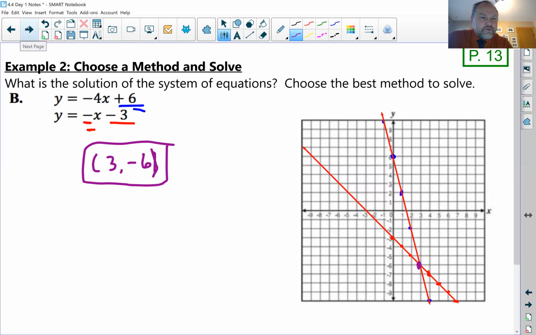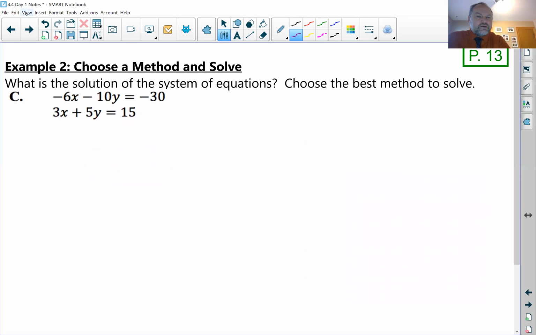Next example. All right. Which method would you use? And then we'll use that method. Go ahead and vote.